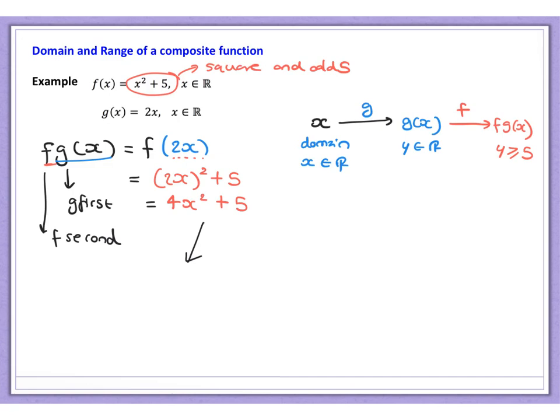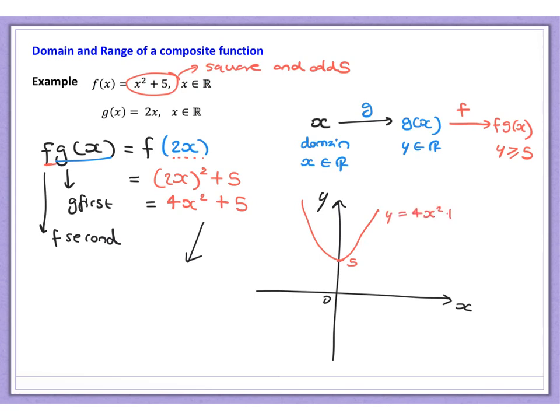It's a graph of 4x squared plus 5, which is a parabola, with a y-intercept of 5. So you can very, very clearly see the range of the composite function. It's y values of 5 or above only.